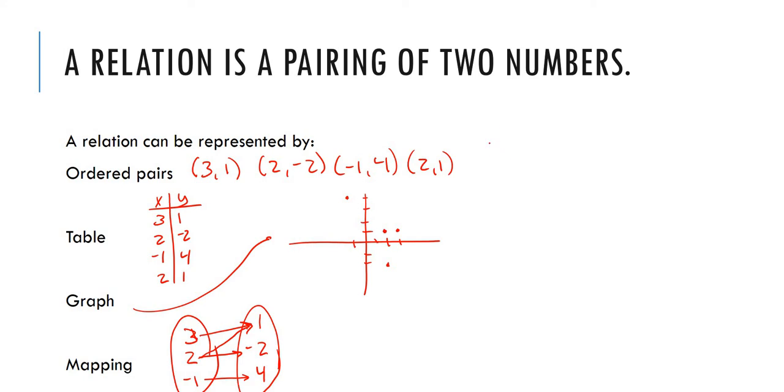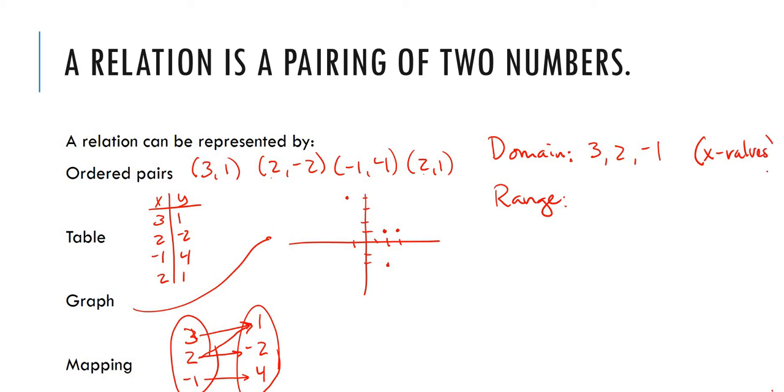We can also then talk about domain and range. Remember, domain is the set of x values for a particular situation. In this case, my domain is 3, 2, and -1. Again, a number that repeats in the domain I don't need to list twice. And my range, which goes with the y values, I'm going to just write over here: x values. X comes first.